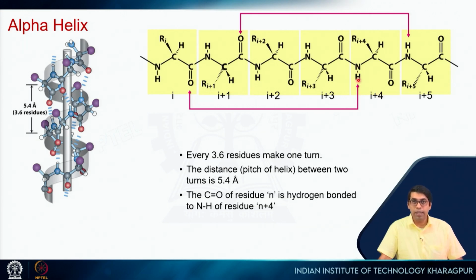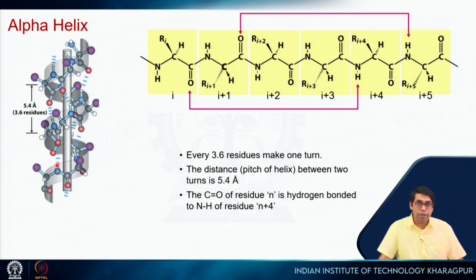So you see this NH will form a hydrogen bond with this CO. Similarly, the next amino acid NH will form a hydrogen bond with the next amino acid CO. So i with i+4, i+1 with i+5, i+2 with i+6, and so on. There is always a difference of 4 amino acids.